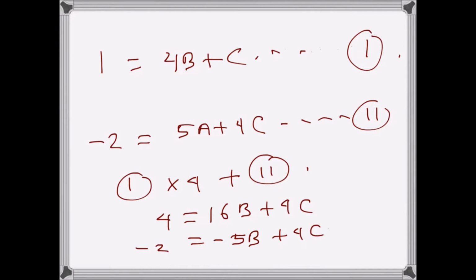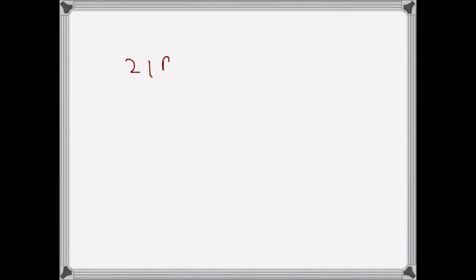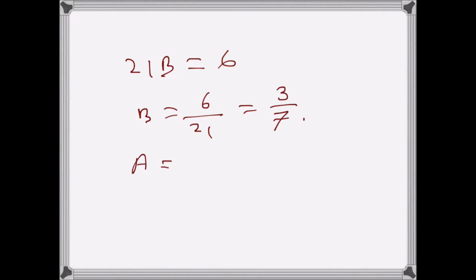Subtracting, this is minus, this is plus, and this is plus as well, so that's 21B equals 6 here. So B is 6 over 21, which is 2 over 7. So A is minus 2 over 7, and what's C?